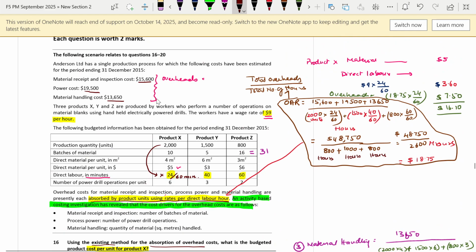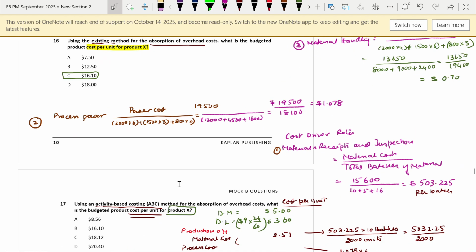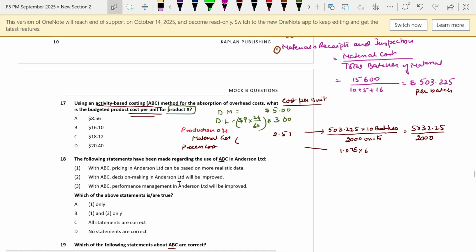It is per unit. We have to be very careful. 6 per unit. It comes to how much? 1.078 times 6 is 6.48. You will get a little bit of difference.